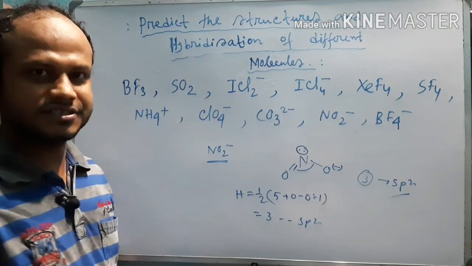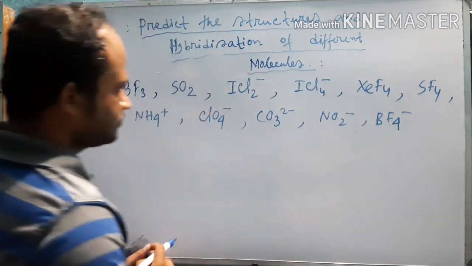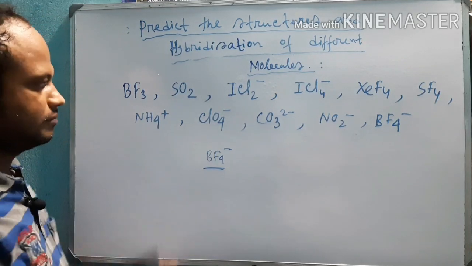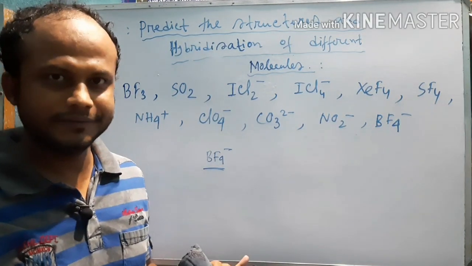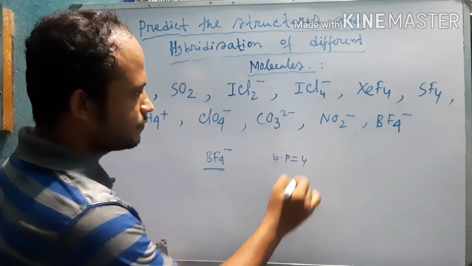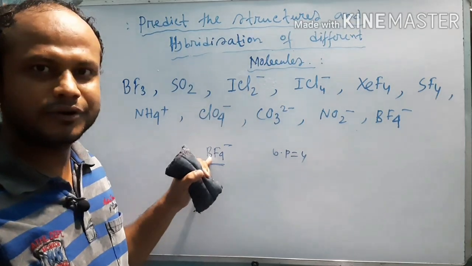Next, the last example here, BF4 minus. In this BF4 minus structure, boron is attached to 4 fluorine atoms, so clearly the number of bond pairs equals 4, and the valence electron number of boron is 3.